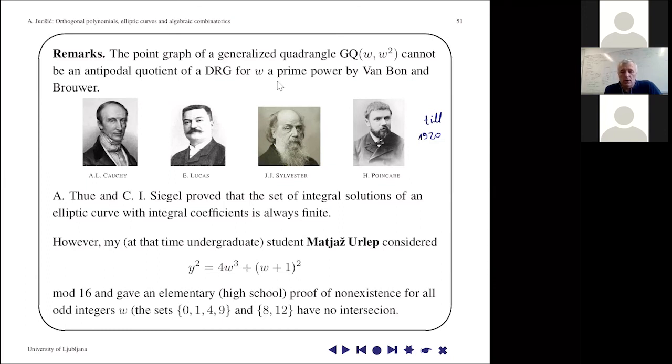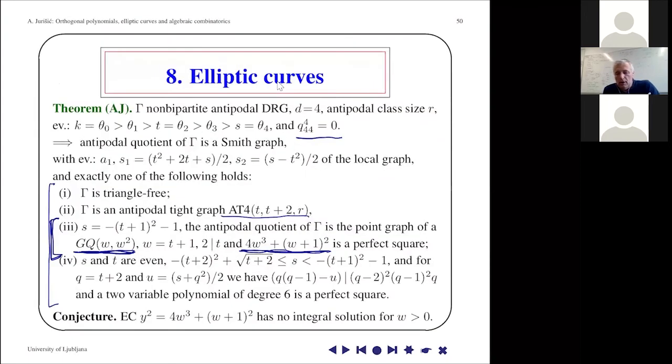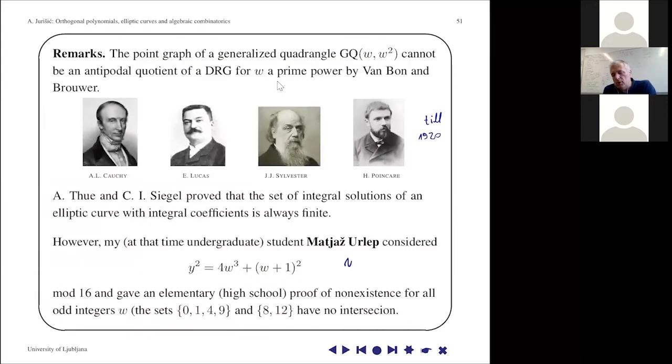So he was just considering this modulo 16, and in this theorem there was also information that this T, which is W minus 1, is even, which means that W is odd. So we put W is odd plus 1 in this equation, and we multiply and look modulo 16, we get either 8 or 12.